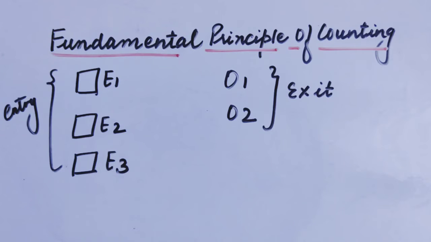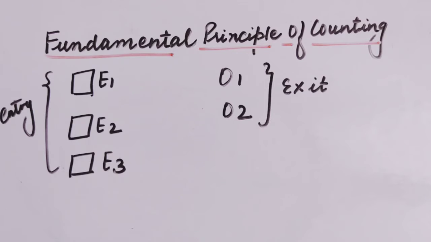So it means we have understood the situation. Now see students, if we want to find out the total number of ways in which Savita can enter the hall and then leave it, how many ways are there?